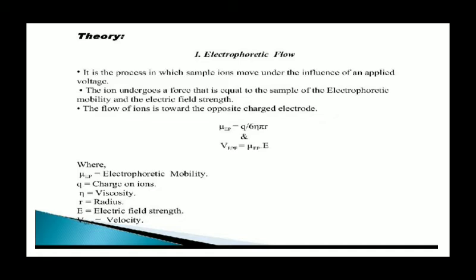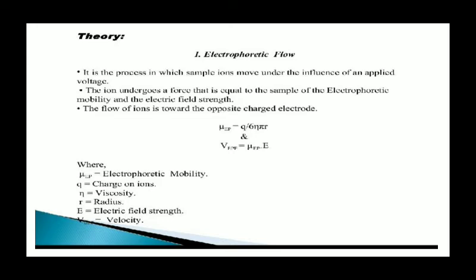Suppose we have cations: they move toward the negatively charged cathode, because they have a positive charge. Anions move toward the positively charged anode. And neutral species, as I told you, won't get affected, so they remain stationary.